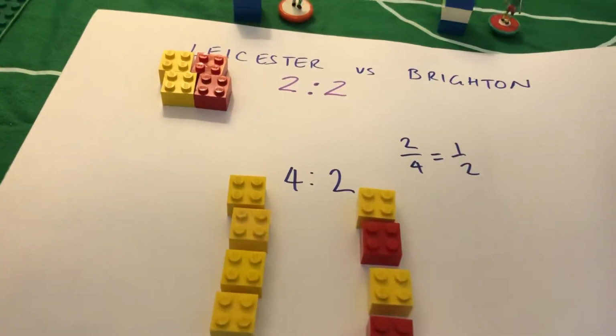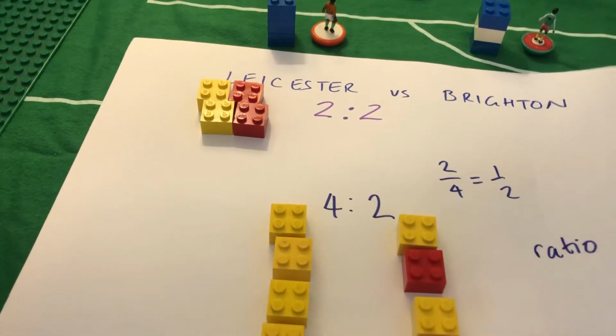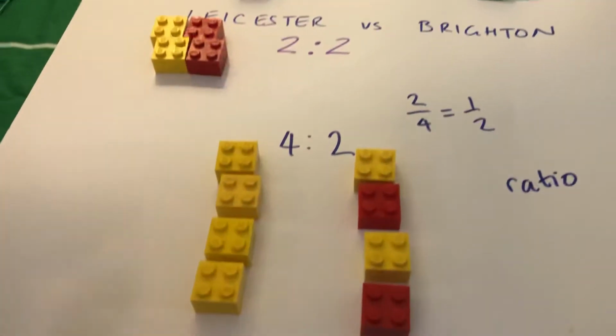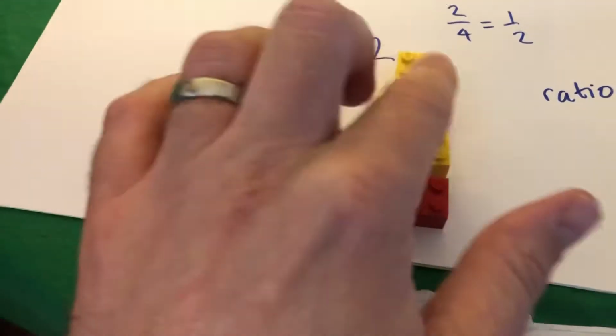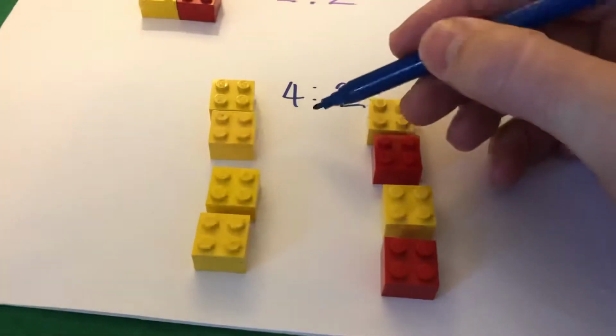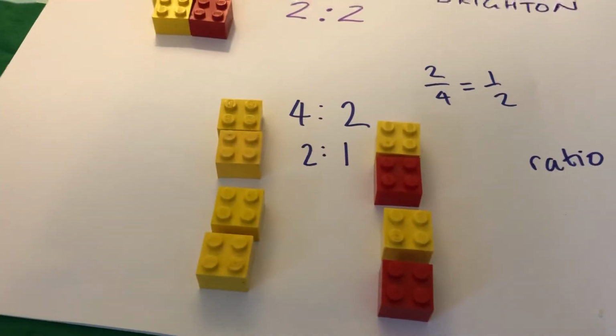So we can look at ratio here. Leicester scored 4 goals to 2. We can simplify that. For every 2 goals that Leicester scored, how many did Brighton score? 1. So 4 to 2 can simplify to 2 to 1. So we're simplifying some ratios there.